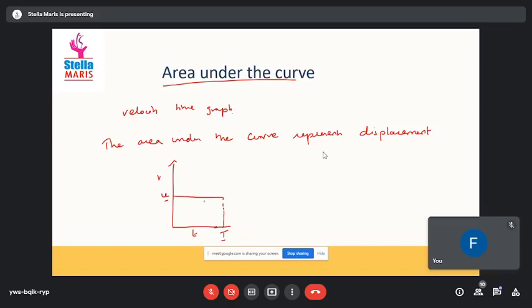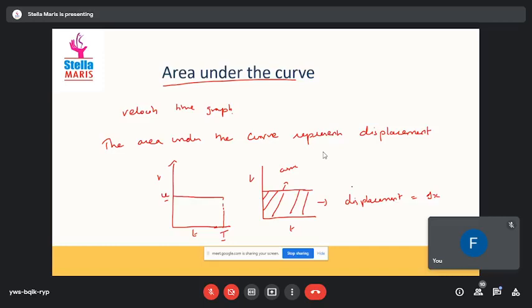This is nothing but the curve, that is the velocity time graph. By definition, the area under this velocity time graph gives displacement, that is nothing but del x.